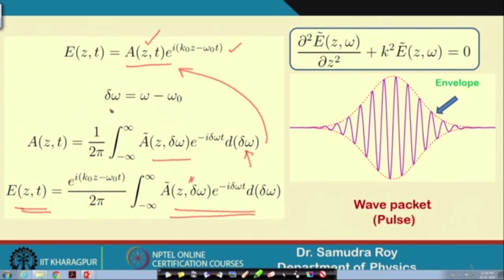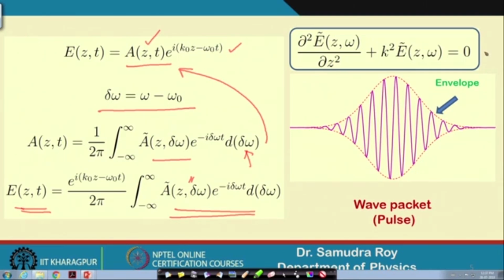Another thing is, we add all the terms by making omega 0 the central frequency, and around the central frequency we add all the terms from minus infinity to infinity. So, that is why delta omega is a new variable. This new variable basically suggests that we are adding everything by making omega 0 our coordinate. Omega 0 is our origin or the central frequency.